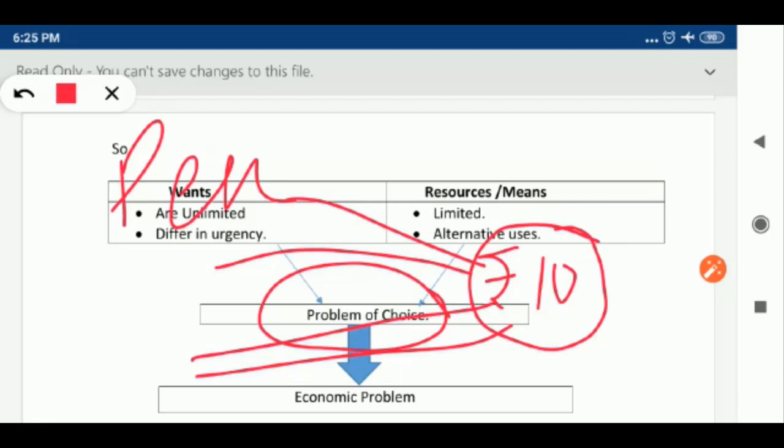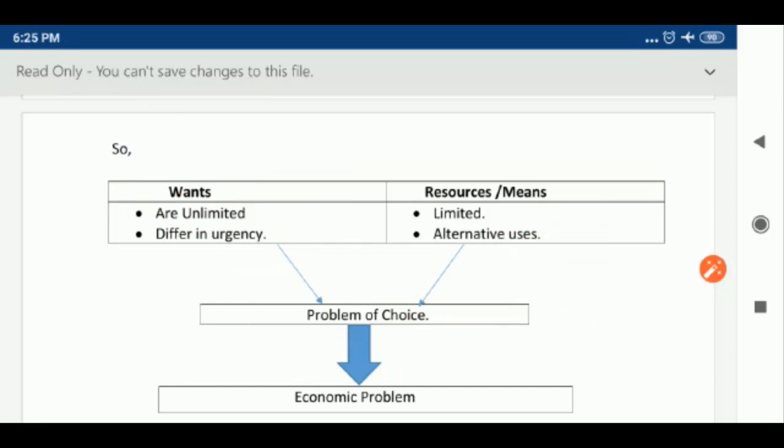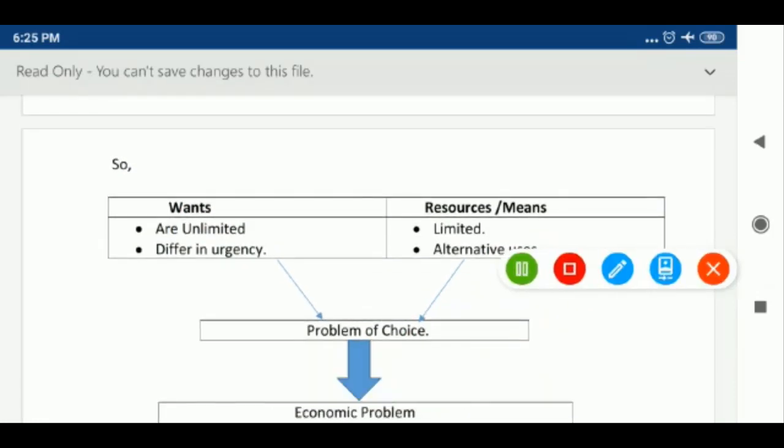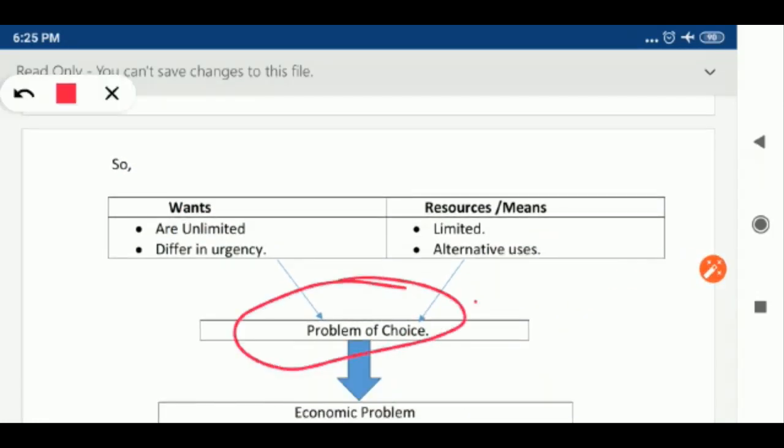Your parents will not give you an extra amount. So how will you spend that 10 rupees to buy all these multiple wants? After seeing all these things, the main economic problem arises, that is the problem of choice, and this problem of choice is known as the economic problem.